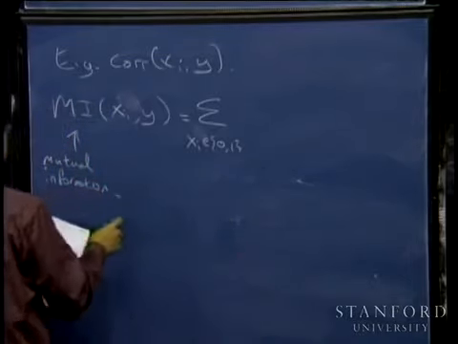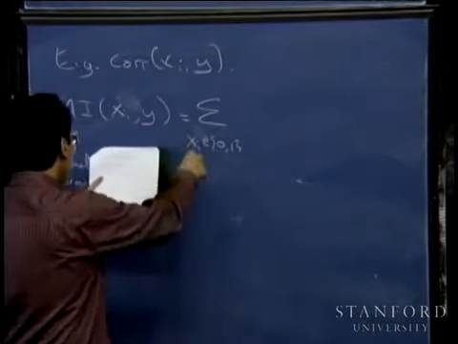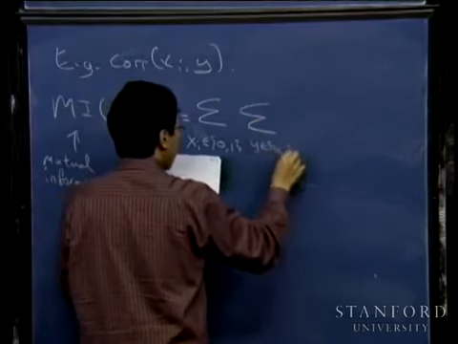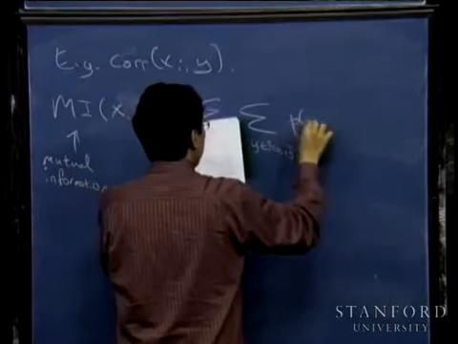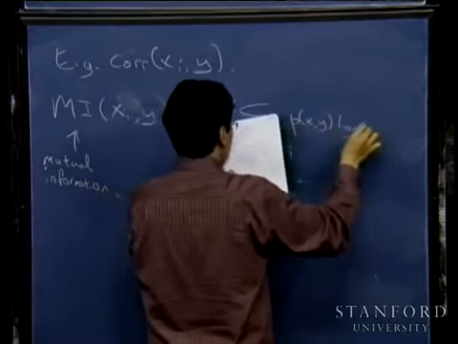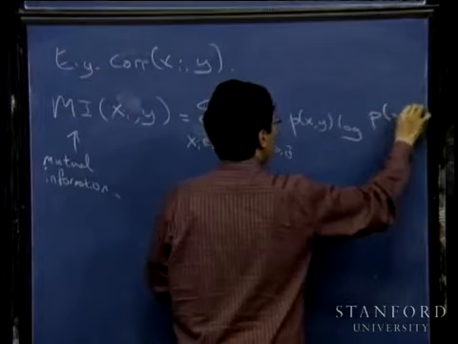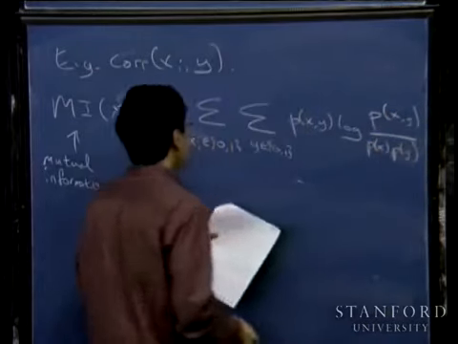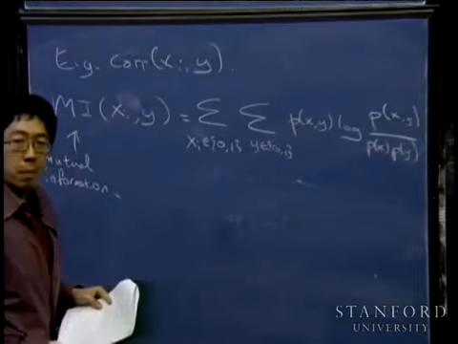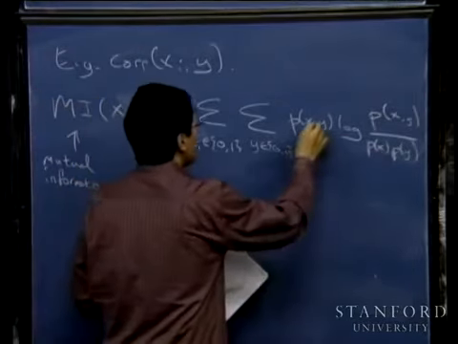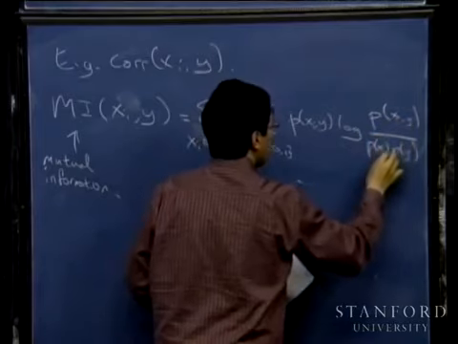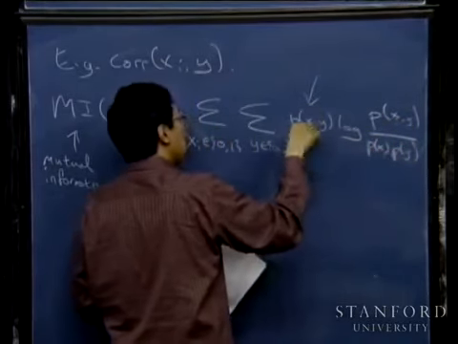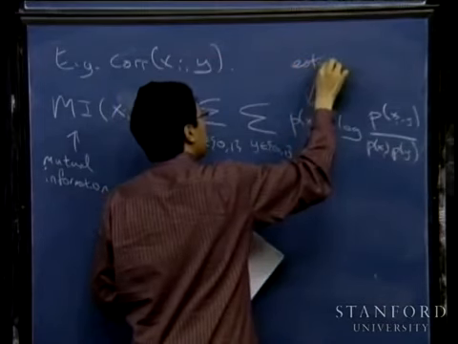The mutual information between xi and y is defined as the sum over all possible values of x, sum over all possible values of y, of the joint distribution times the log of the ratio, where all of these distributions, the joint distribution over xi and y, you would estimate from your training data.